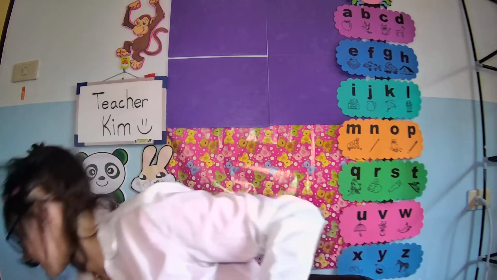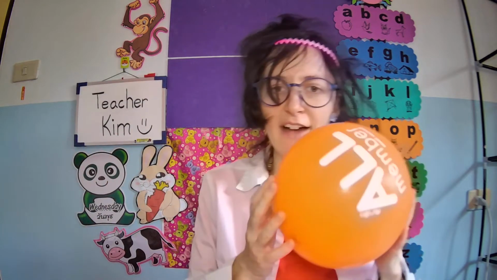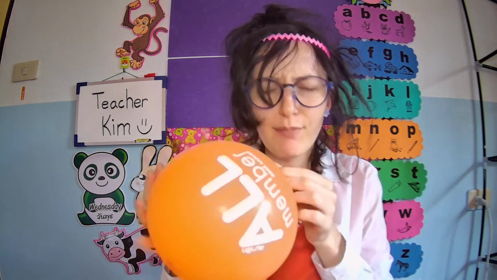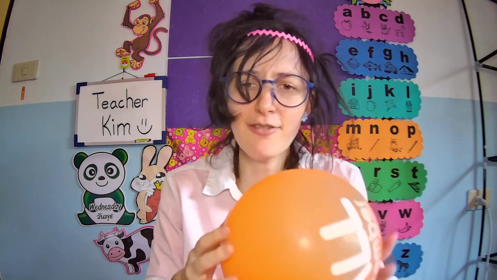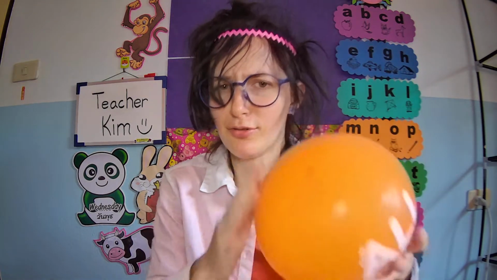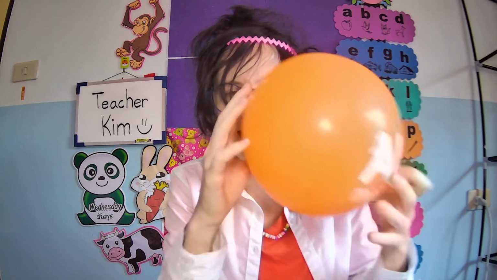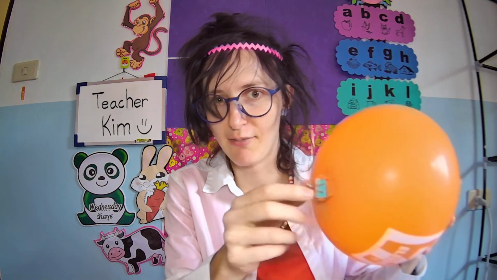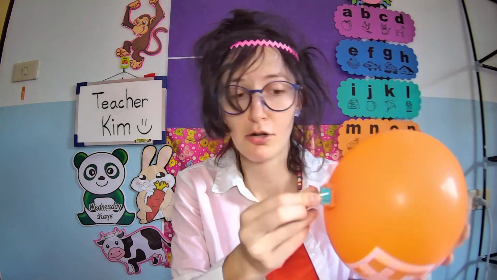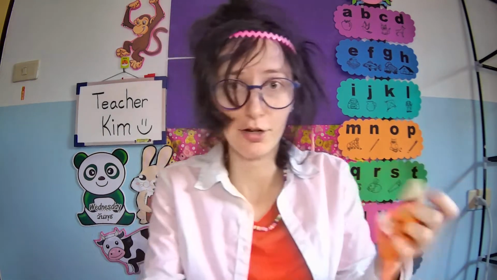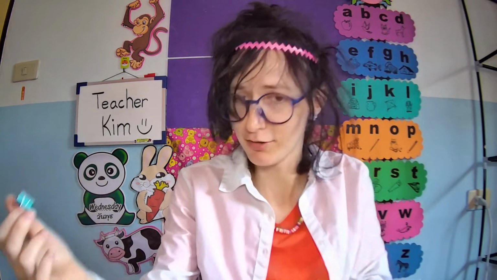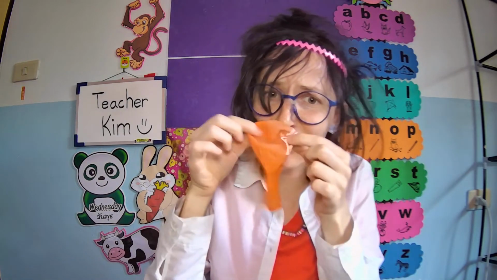Or another example, I have this balloon. I blew the balloon. The carbon dioxide that I breathed out, I breathed into the balloon. So there is a bunch of carbon dioxide inside the balloon. Now I am going to let it undone. Whoa! And the balloon, the size, it's much smaller.